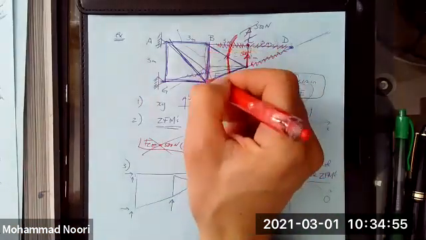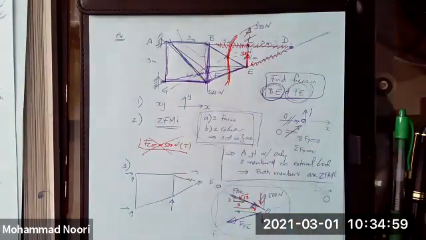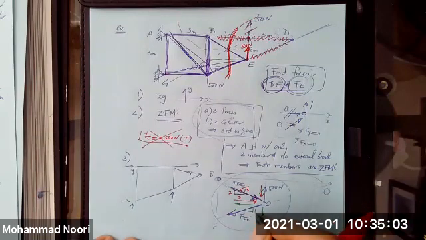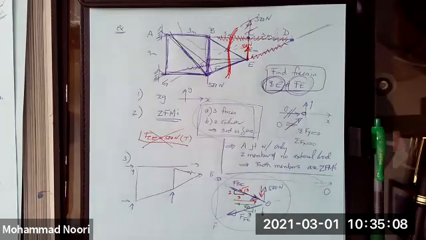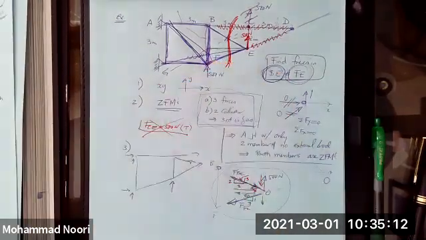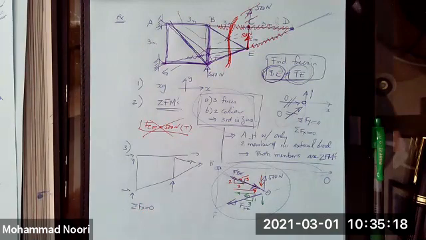So this is 3, this is 2, so this is 1. So the slope here is 1, 3, square root of 10. Now I can write summation of forces along x and y. Summation of forces along x is equal to 0.